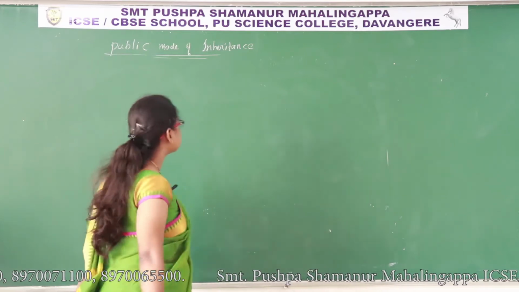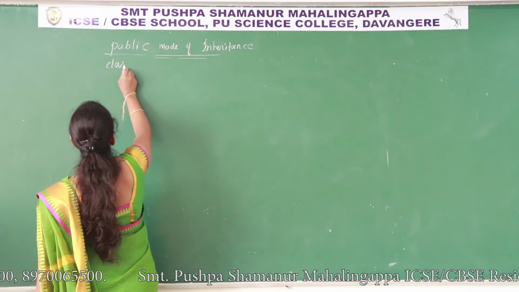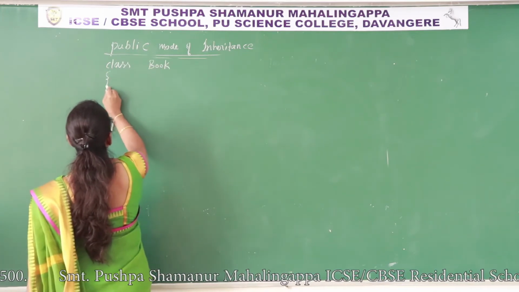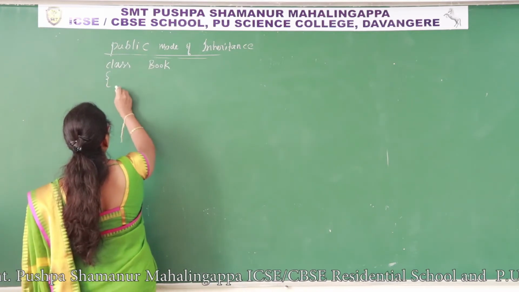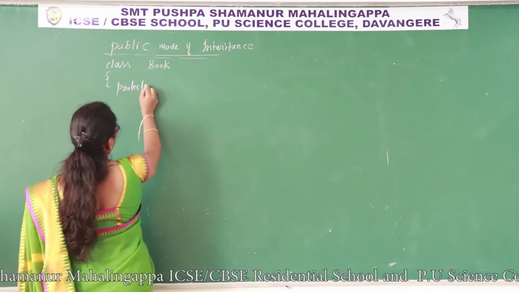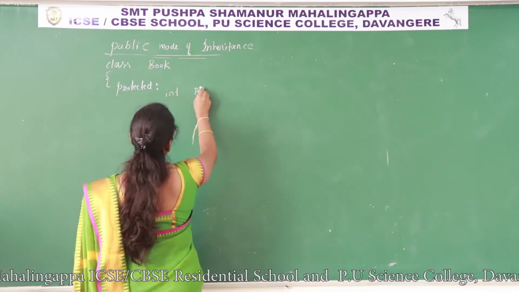Let us understand this through an example. Class book, in protected section, I'll take book ID int.